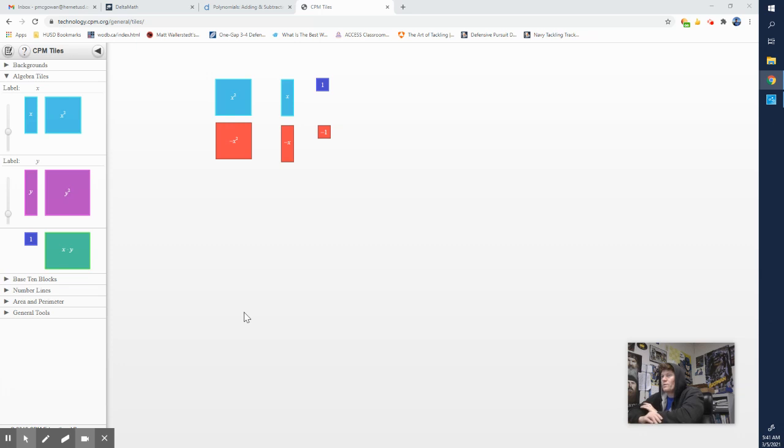So first off, when we're talking about these polynomials, it's basically a function that has a lot of little pieces together. And each of those little pieces have different exponents or degrees.